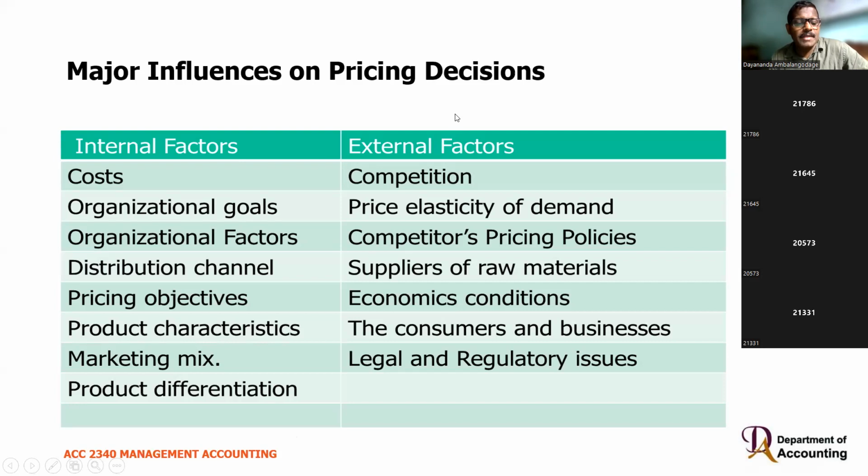Of course, cost is a factor. Cost information may be direct material, direct labor cost, overhead cost, research and development, design cost, promotional cost, advertising cost. All these are costs. Then the organizational goals: different organizations will have different goals.